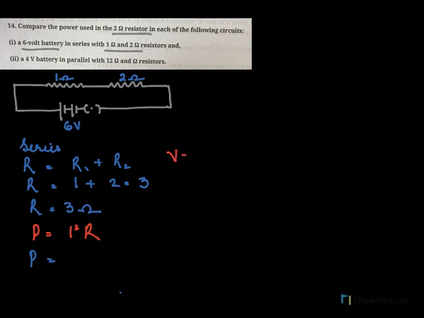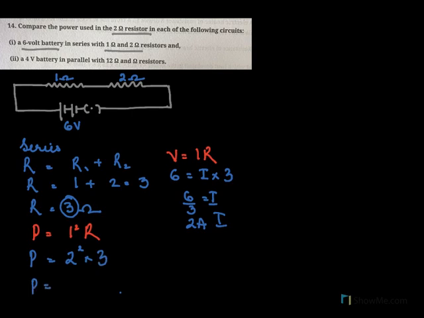To find the current, we will do V equal to IR. We know the V in this circuit is 6. So I we need to find, and the R in this circuit we have found is 3. So I equal to 6 over 3. So I equal to 2 amperes. So here for the I we'll put 2 square, and the resistance we will put as 3.